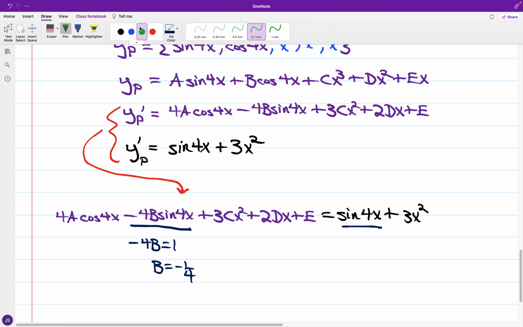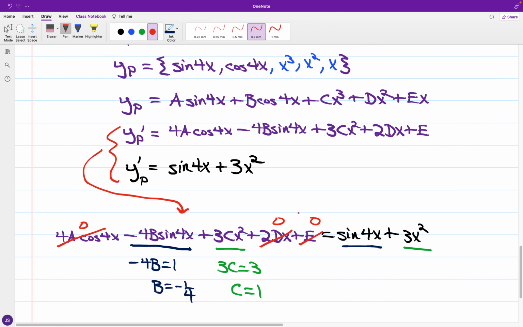And we have 3c times x squared on the left, 3x squared on the right, so we can set 3c equal to 3, whereupon c is equal to 1. We don't have a cosine of 4x term on the right, so a goes to 0. We don't have a first order x term on the right, so d goes to 0. And we don't have a constant on the right, so e goes to 0.